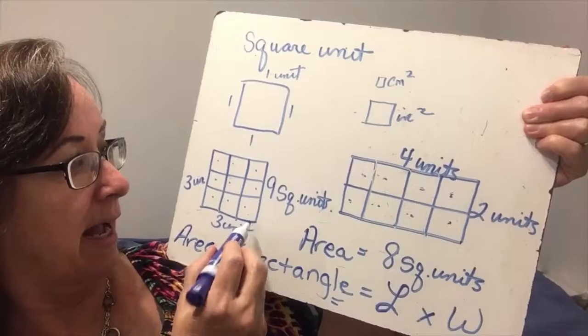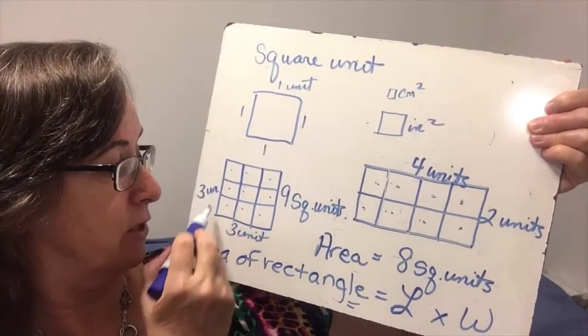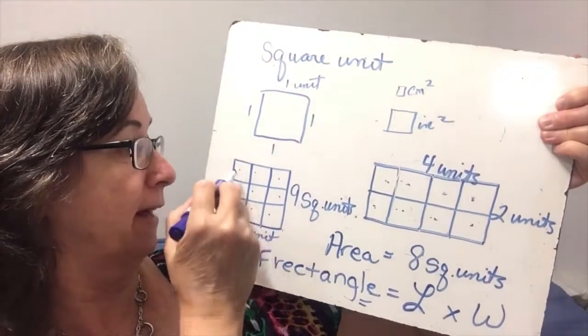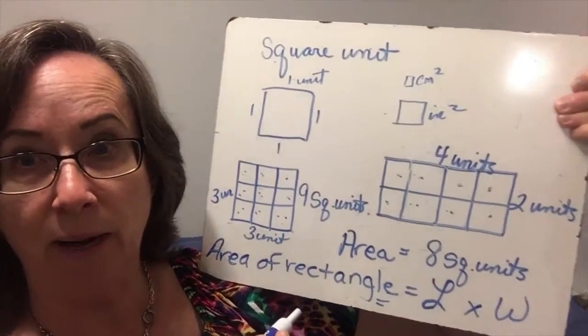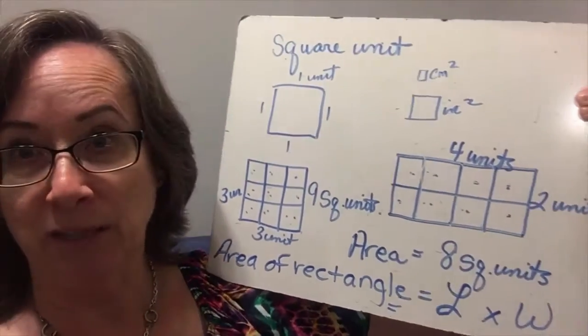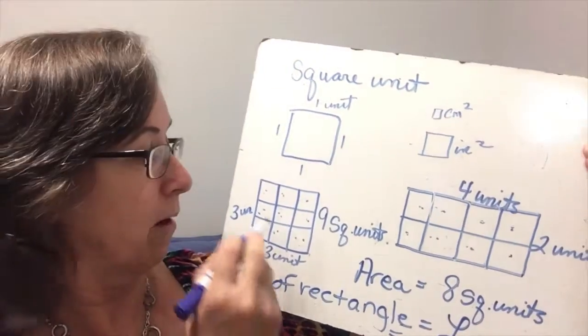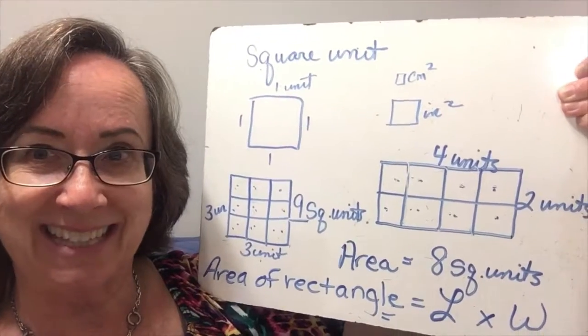Right here, I have a square, and the square has 3 units by 3 units, and if I count each little box here, I have 9 square units. But the fast way to do it would be to multiply 3 times 3, or side times side would give me the number of units that I have.